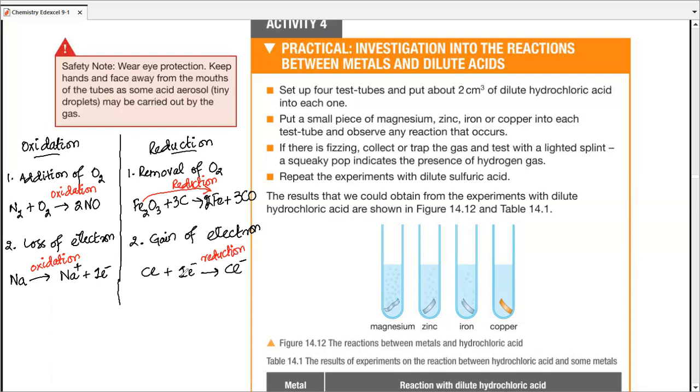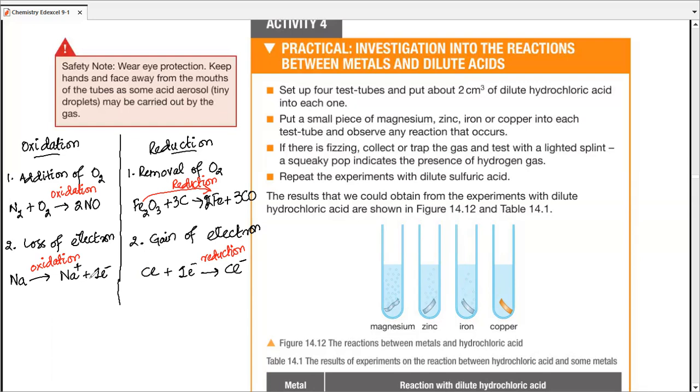So if you notice, in both of these reactions there is no oxygen, but this still falls under the category of redox or, separately speaking, oxidation reduction reactions, right? So we needed to come up with another definition for the kind of reactions which are reduction or oxidation reactions that don't involve any oxygen in them.